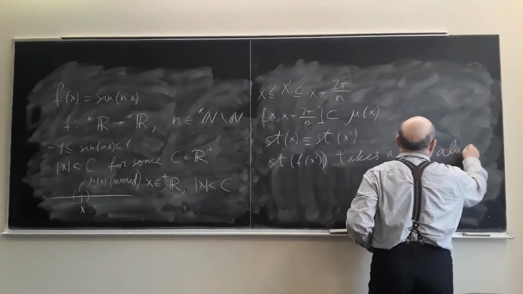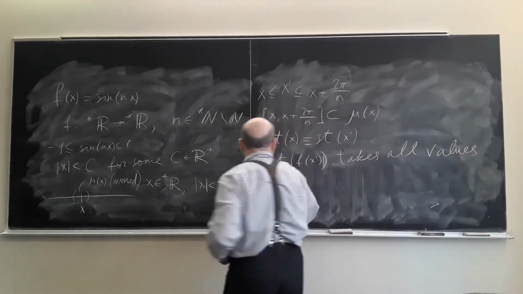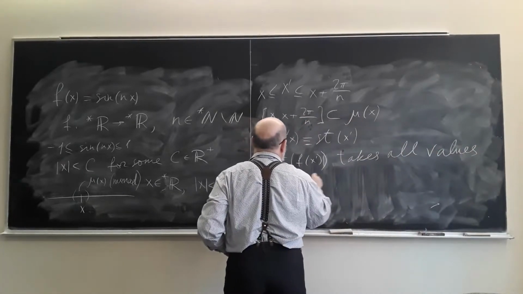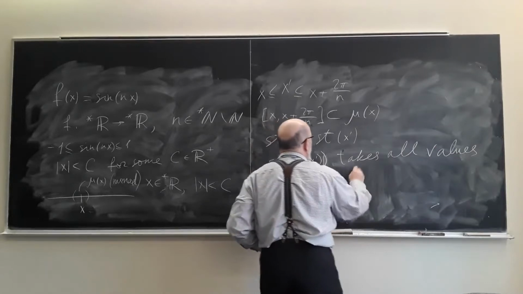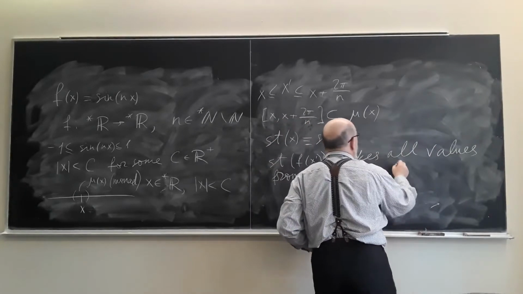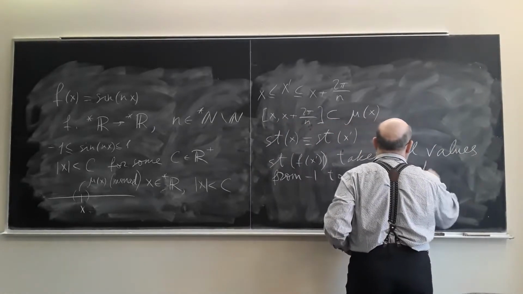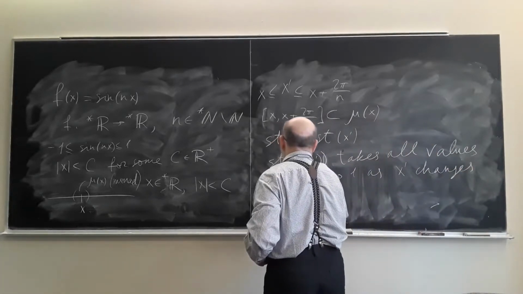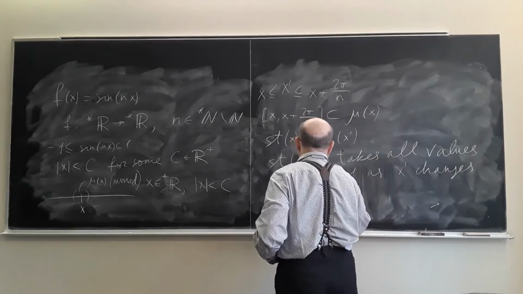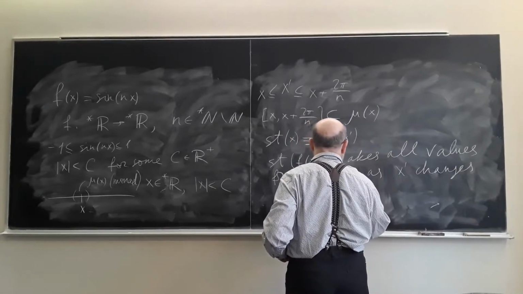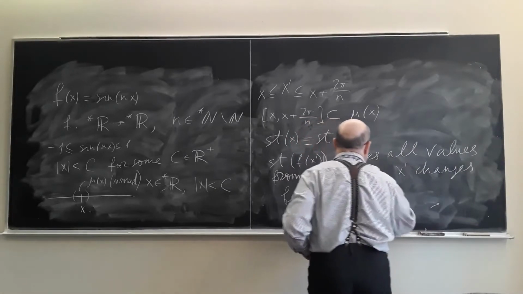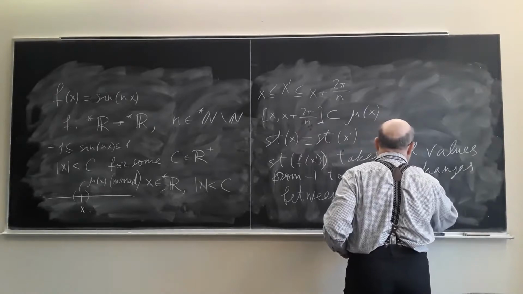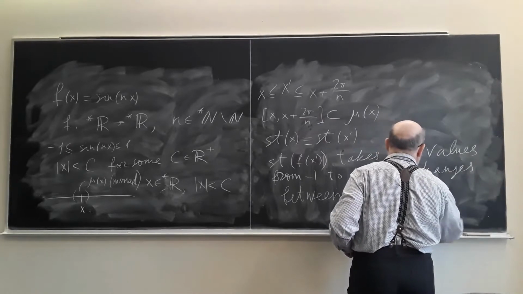Values from -1 to 1 as x prime changes between x and x plus 2 pi divided by n.